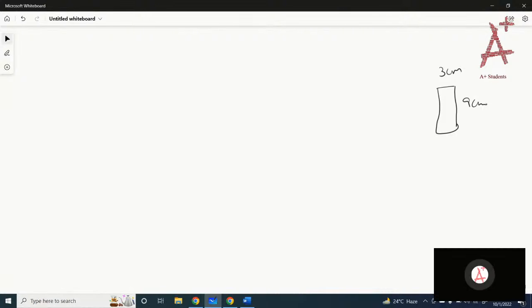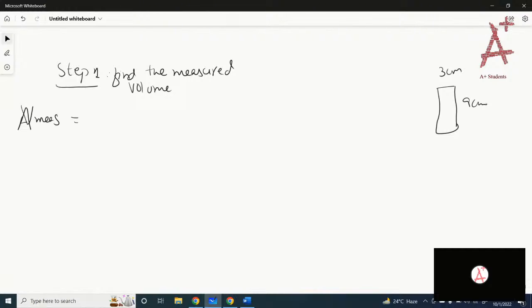Okay, so let's start with the first step, that is we have to find the measured volume. Step 1 is find the measured volume. Sorry, not volume, we have to find the area.